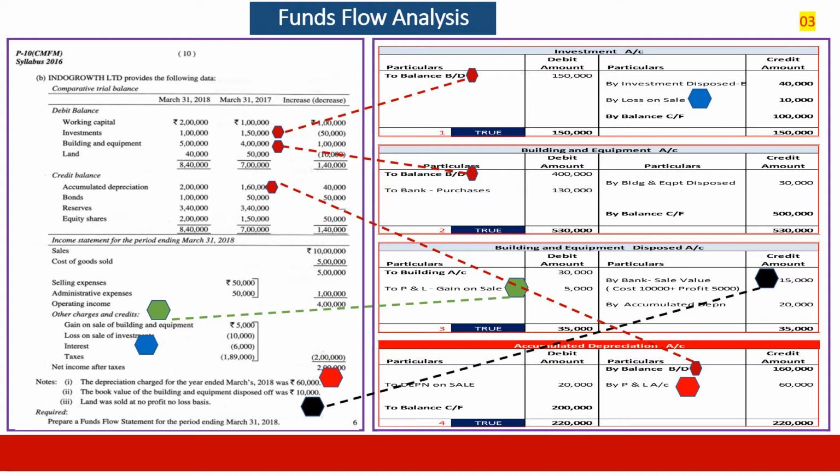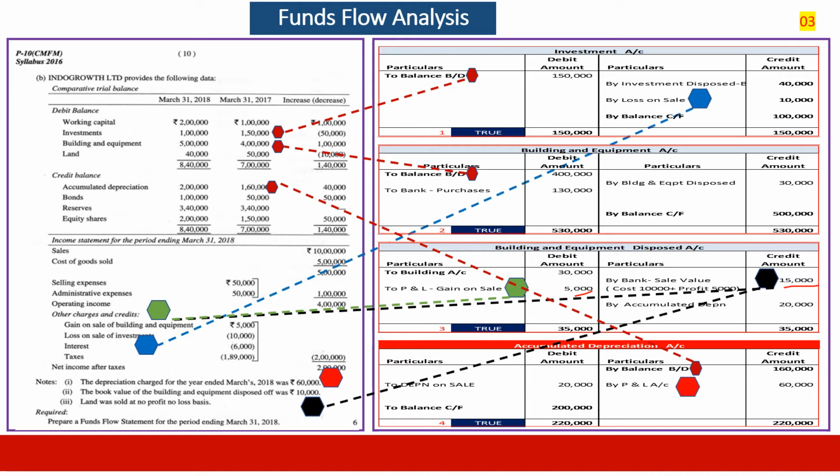Then we have got sale value: book value of the building and equipment disposed of was 10,000 WDV, and profit made was 5,000. Therefore the sale value will be cost plus profit, 15,000. That is where we are linking it and then taking it forward.